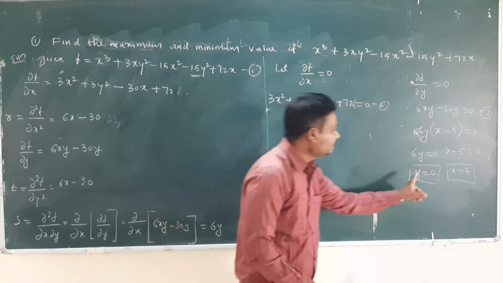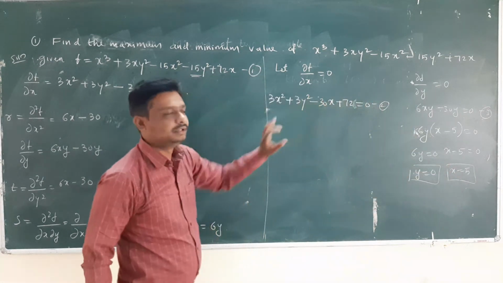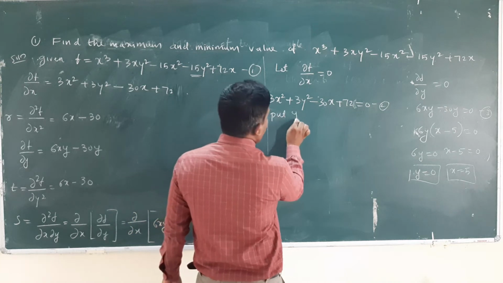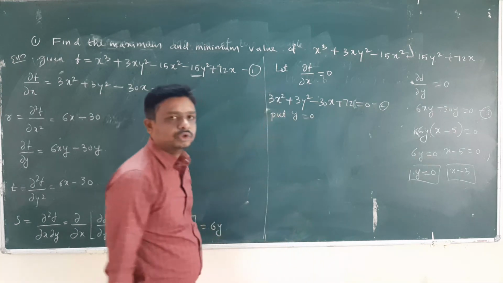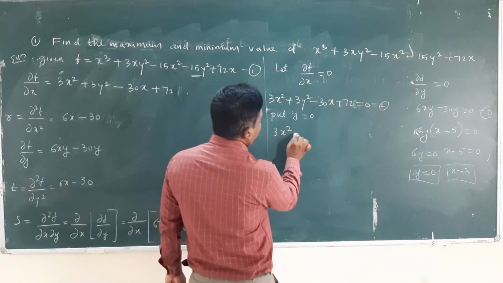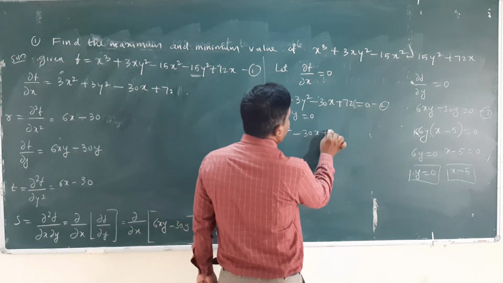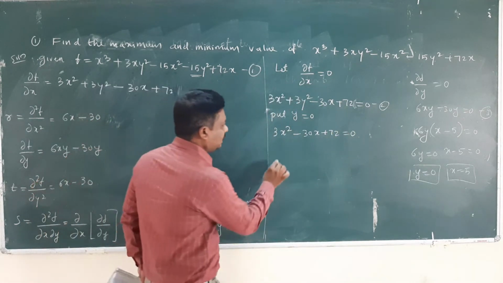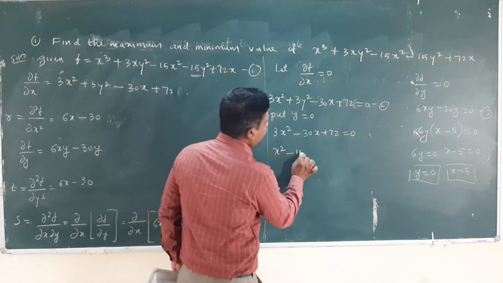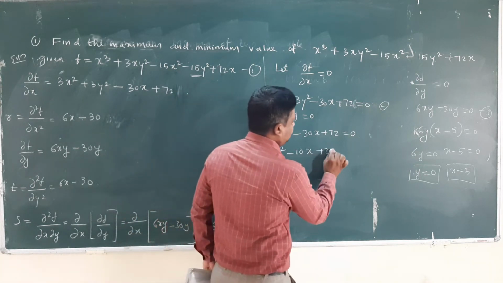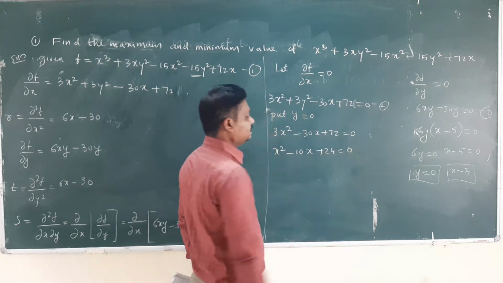Now I will put these two values in this equation. So first I will put y equal to 0. Remaining is 3x² - 30x + 72 equal to 0. Dividing by 3, I get x² - 10x + 24 equal to 0.